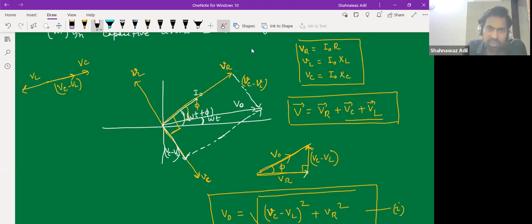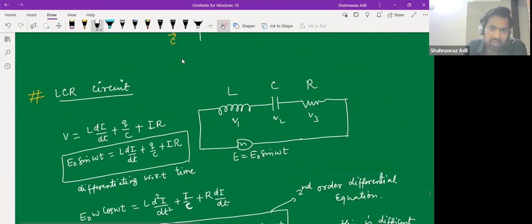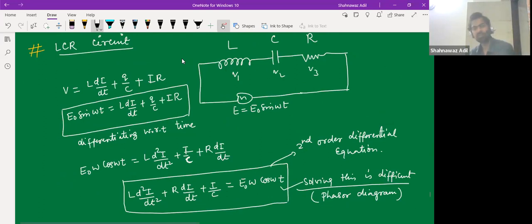Okay, so if you have any question, please ask me. Other than that, please note it down, right? This LCR circuit is very important, and we will do some questions from this. So that is why this phasor diagram is very important.